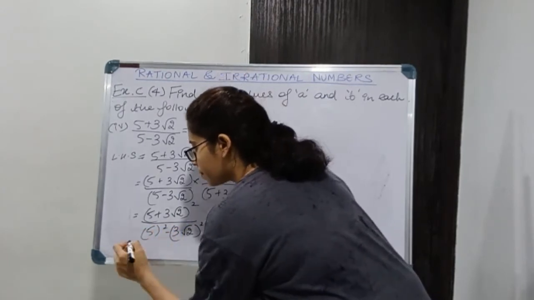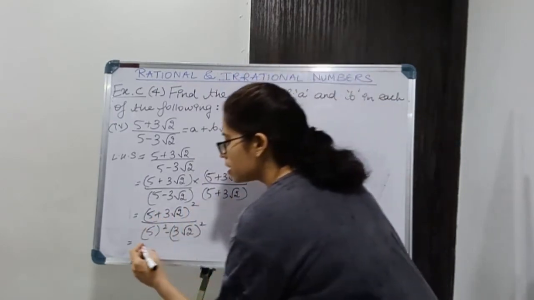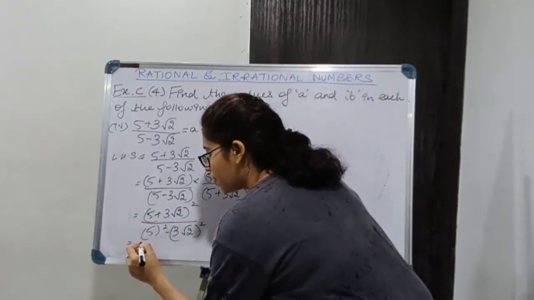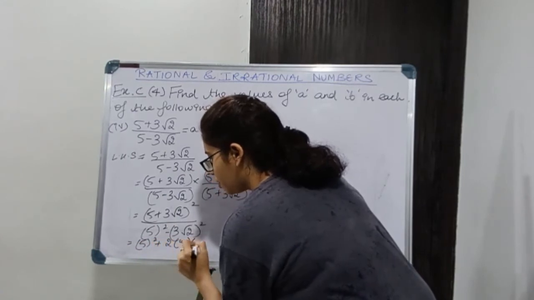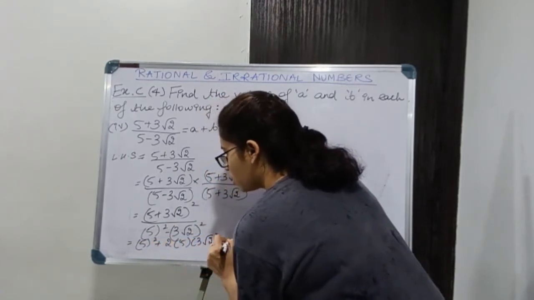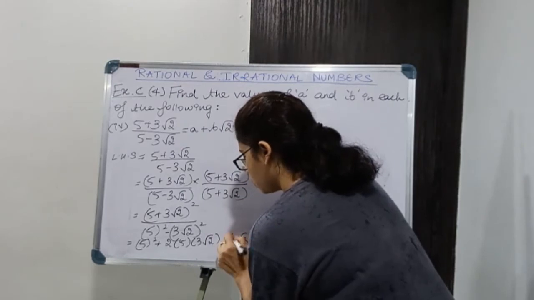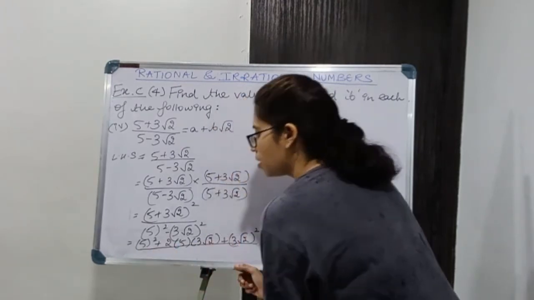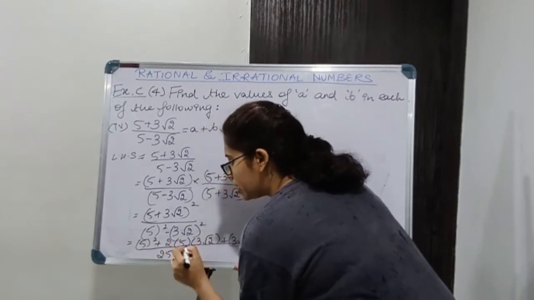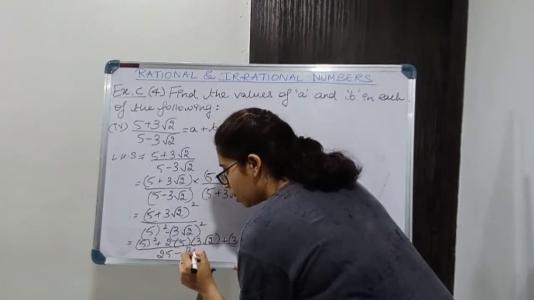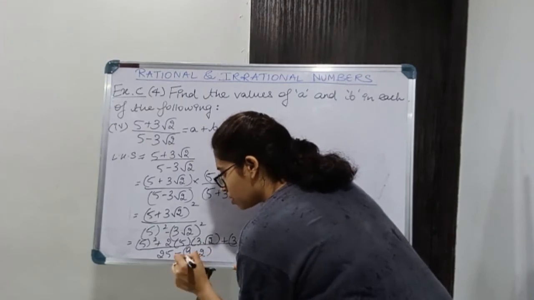Okay. On expanding this I get 5 square plus 2 into 5 into 3√2 plus (3√2) square upon 5 square, which gives 25, 3 square gives 9 and √2 square gives 2.